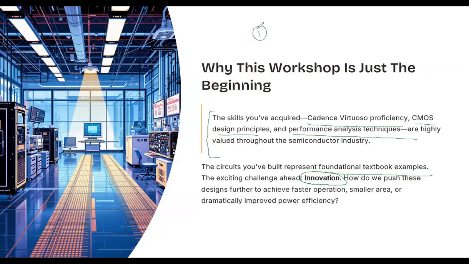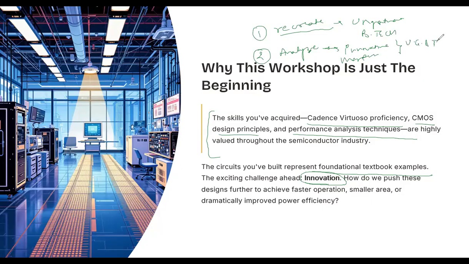See, there are three things. One is that you will be able to recreate. This is something we expect from the undergraduate level. People who are in BTech should be able to recreate the circuits. When people are in the masters, we want them to analyze, and then build up something innovative, either in masters or if they are very good at the BTech level.